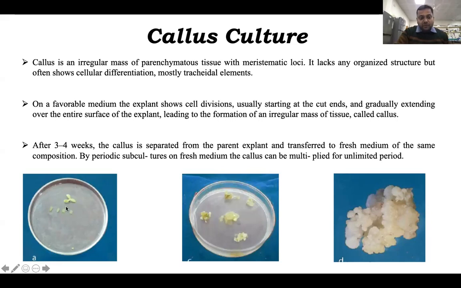They have already been differentiated into leaf or stem part or root, whatever. They have already been differentiated into different organs. But then when you put them on a suitable media with a combination of auxin and cytokinin, they start showing de-differentiation, and due to tremendous cellular differentiation, they form a callus-like structure, which looks like this actually.